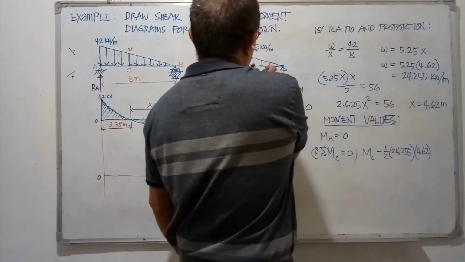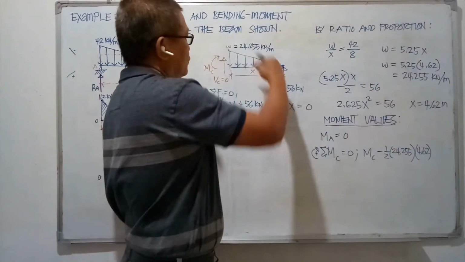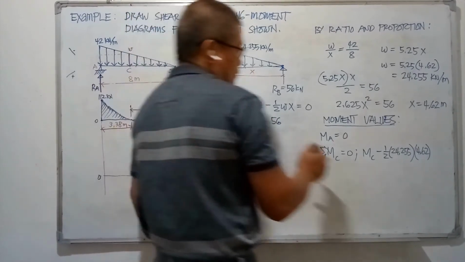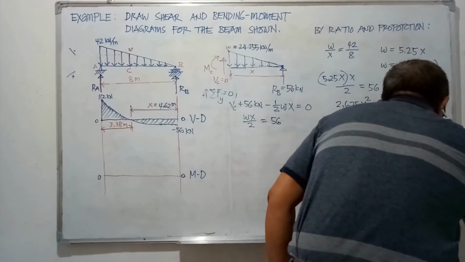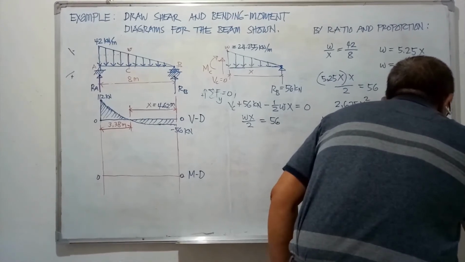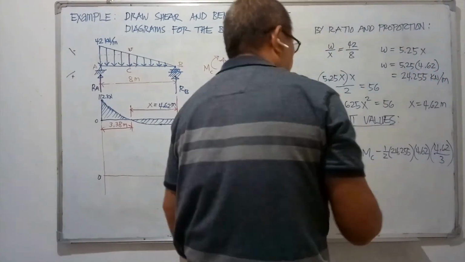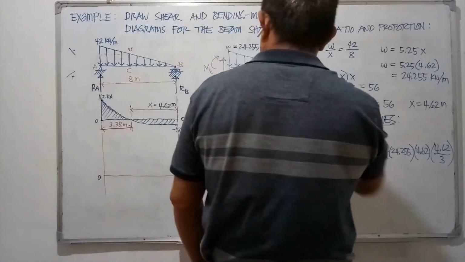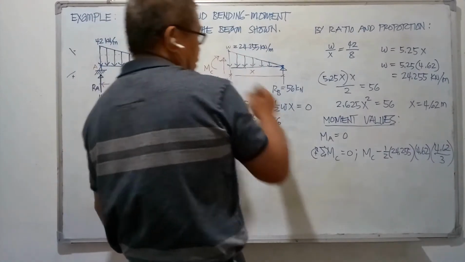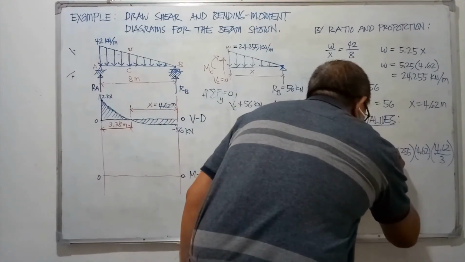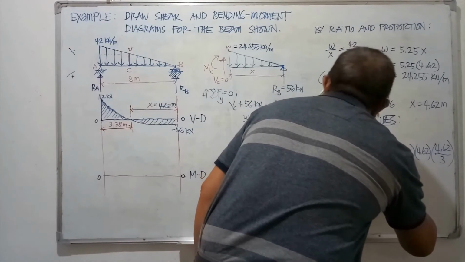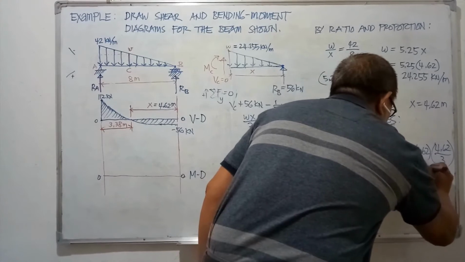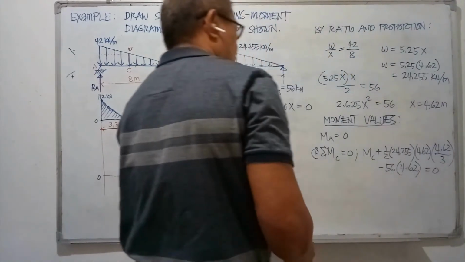This is the area. This is the total force acting at 1/3 of X from point C. So we have times 4.62 divided by 3. And this is plus. We have the same moment at point C. So this is plus and minus 56 times 4.62 is equal to 0.